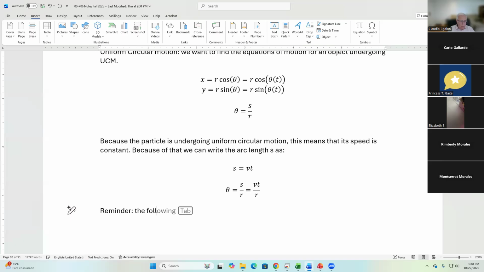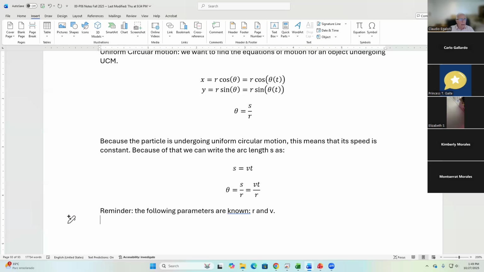The following parameters are known: R and V, which is the speed. And that's it, R and V are the known parameters.